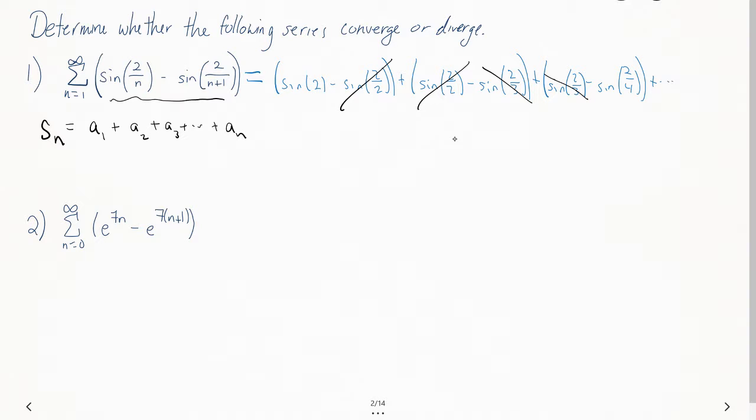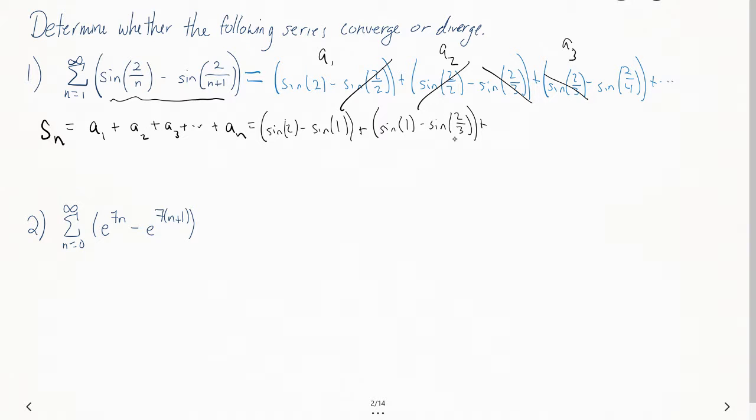Now we are hopefully going to be able to come up with some sort of formula. Notice A1, A2, A3 are listed up above. So we can write this as sine of 2 minus sine of 1, just to shorthand it. And then the next one was sine of 1 minus sine of 2/3.